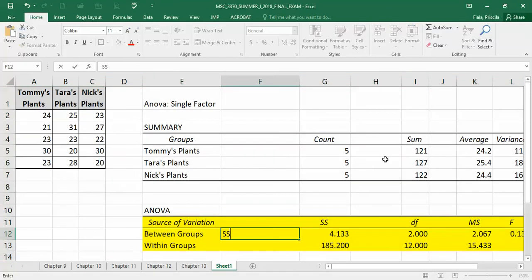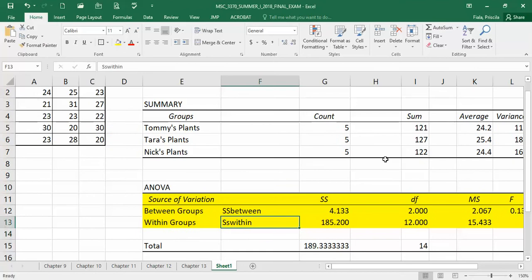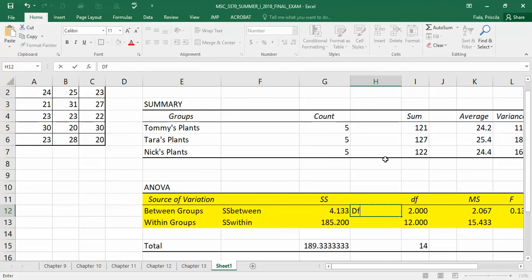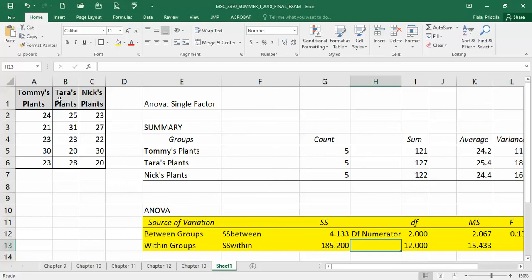So right here is what we call the SS between. Excel will fix it. Right here is what we call SS within. Let's try again. Yeah, Excel corrects it. Here's going to be your degrees of freedom for your numerator, which means you have three groups, right?